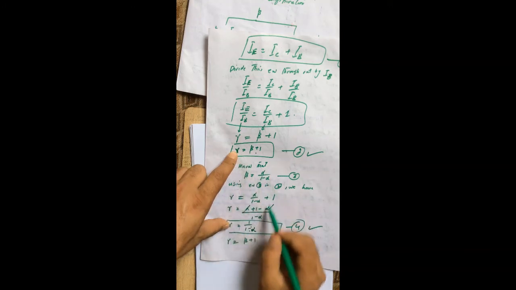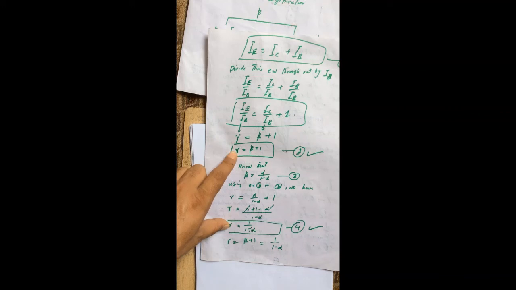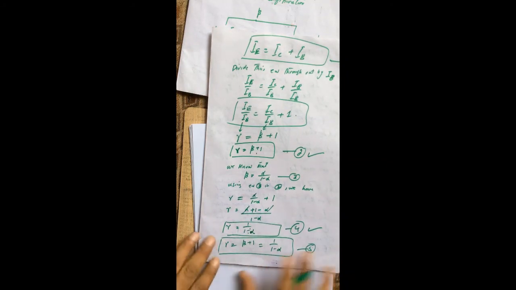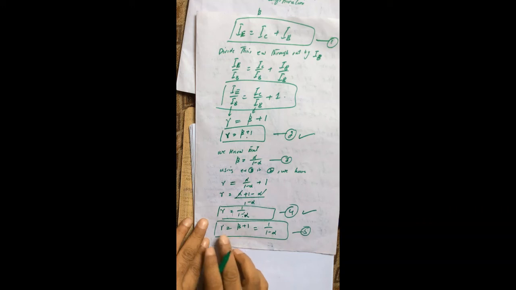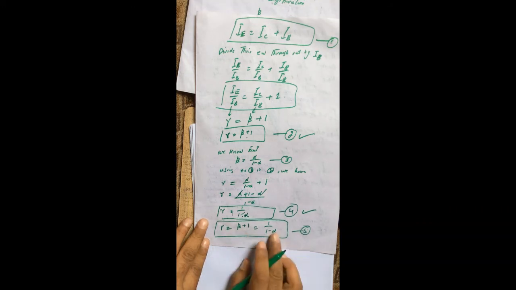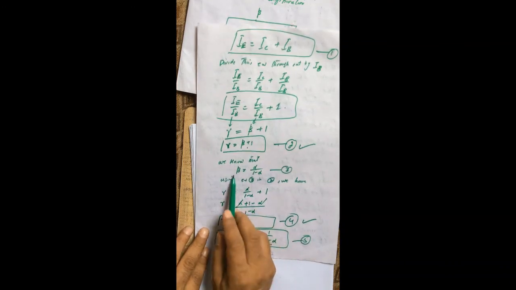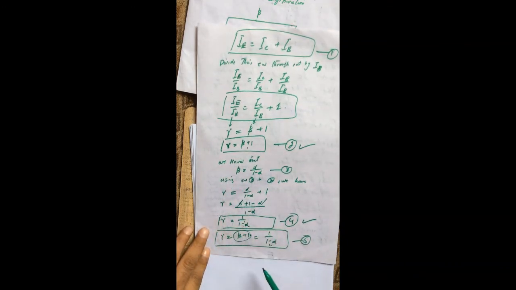This is equation number 5, and it shows the relation between gamma, beta and alpha. So gamma, beta and alpha are related to each other by this equation: gamma is equal to beta plus 1, or gamma is equal to 1 over 1 minus alpha, or beta plus 1 is equal to 1 over 1 minus alpha.